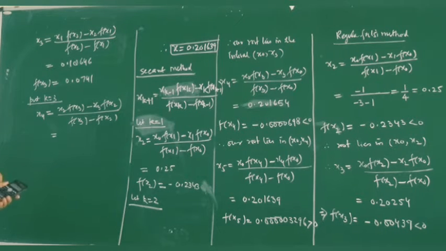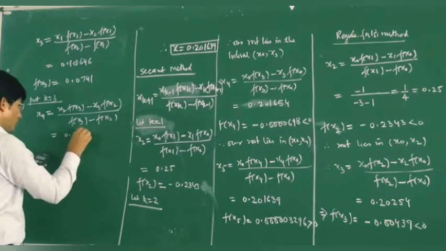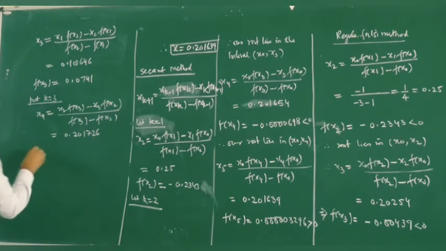Then we have minus x3, which is 0.18646, multiplied by f of x2, which is minus 0.2343. So this is divided by f of x3, which is 0.0741, minus f of x2, so we have plus 0.2343, and this is equal to 0.201726. Again, let us find out the value of the function at this x4.